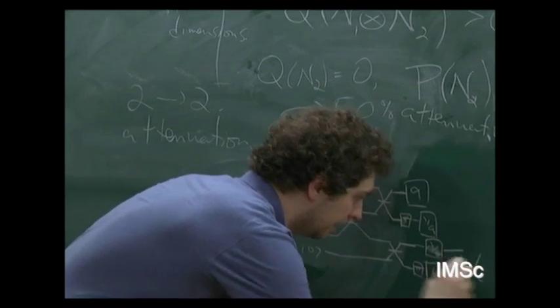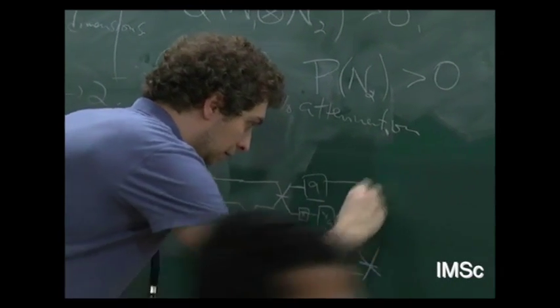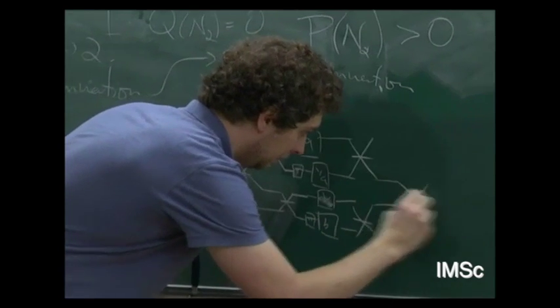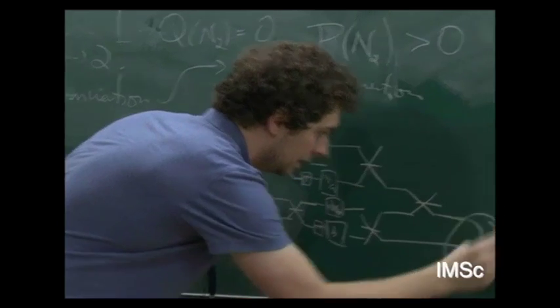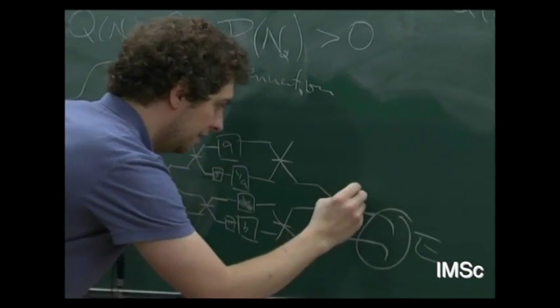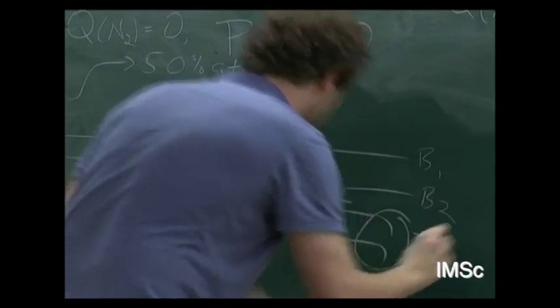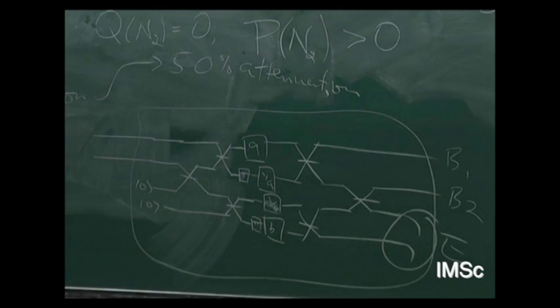And then it applies the inverse of this unitary. Oh, and then these get thrown away. These are the environment, and these are the output modes. So that's how the channel acts.